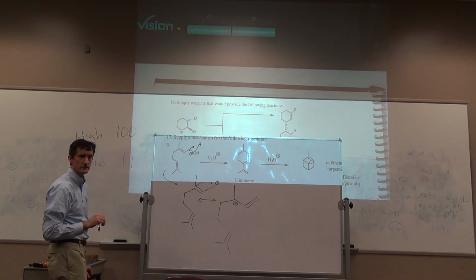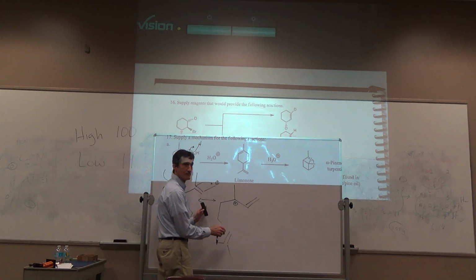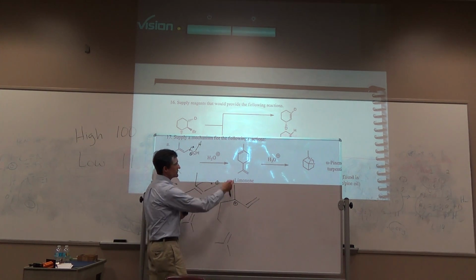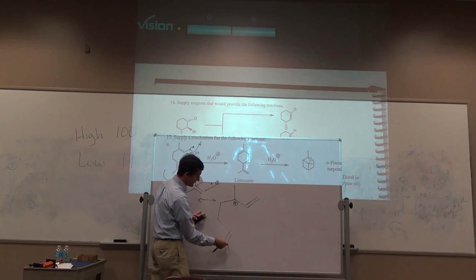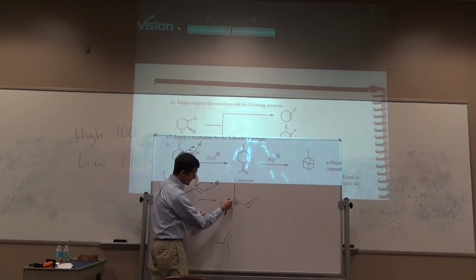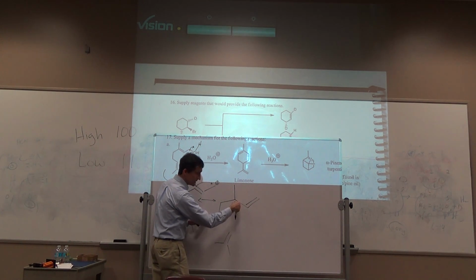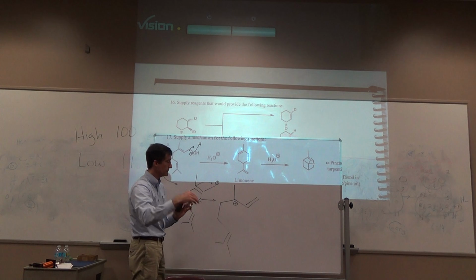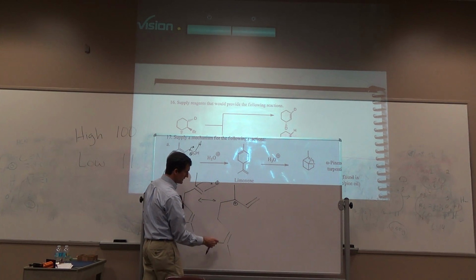Can we make a ring here? Six-membered ring. 1, 2, 3, 4, 5. I envision the pi bond attacking up here. Pi bond can attack an H plus. But 1, 2, 3, 4, 5, that's going to be a 5-membered ring.